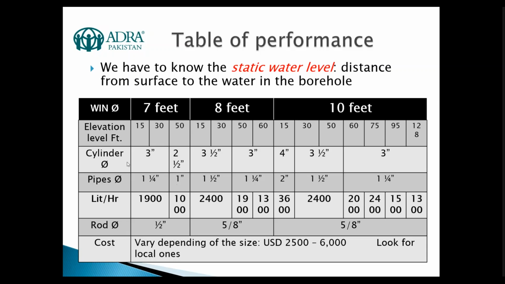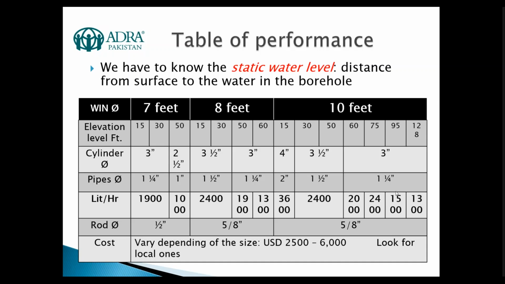Of course, we also consider the diameter of the cylinder and the piston inside. And also the lifter pipe, which takes water from the cylinder to the surface, will vary according to the diameter of the cylinder. But the question is, how much water can we take from the ground. You can see here also the quantities.